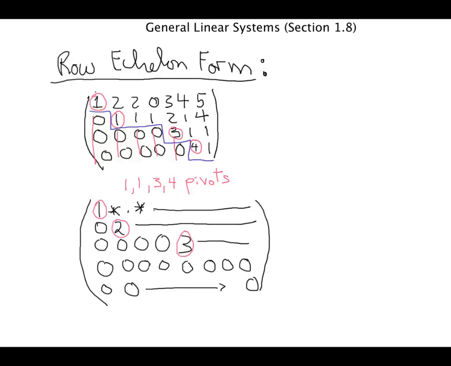And here's the staircase. Everything below the staircase is 0. In particular, there's a certain number of non-zero rows towards the top of the matrix, and then a certain number of 0 rows at the bottom.